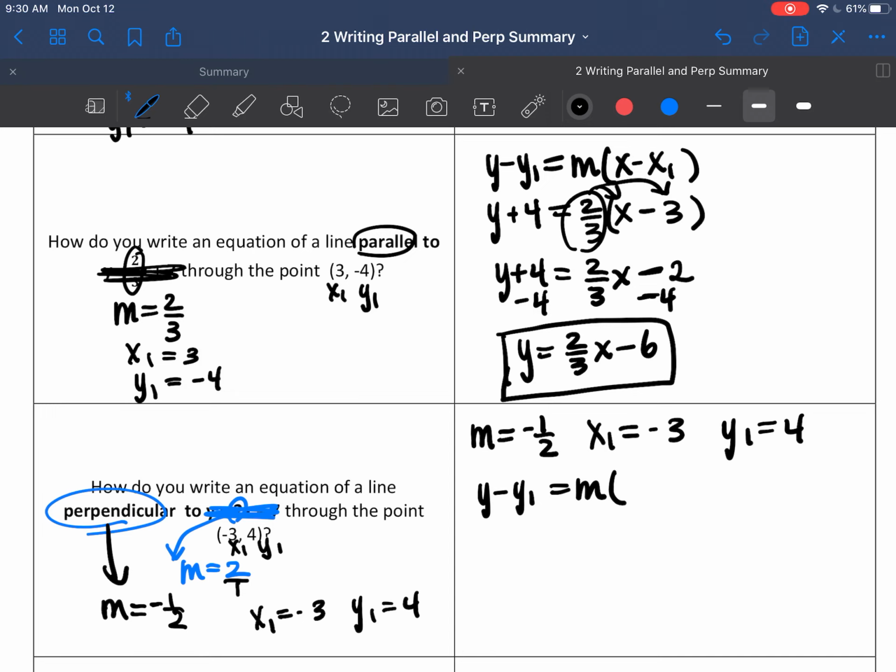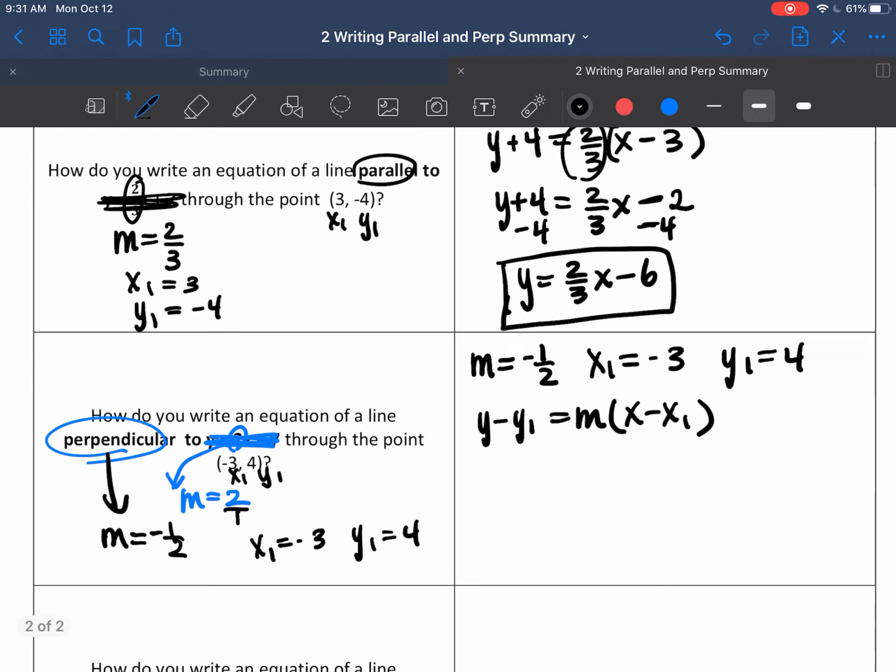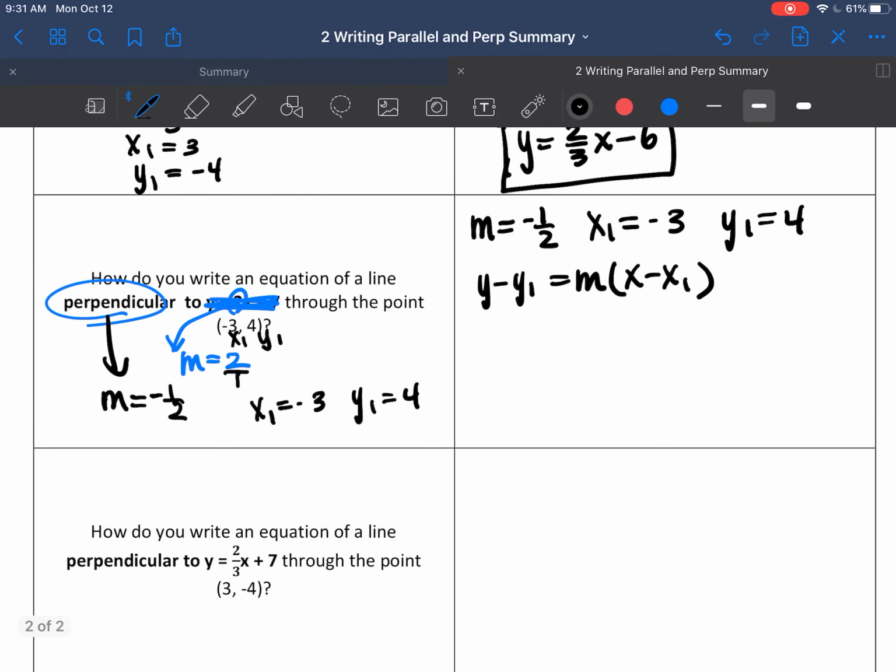Y minus the y equals m times x minus the x. And they do give you this formula on your formula chart for STAAR. So y minus the y equals m times x minus negative 3.